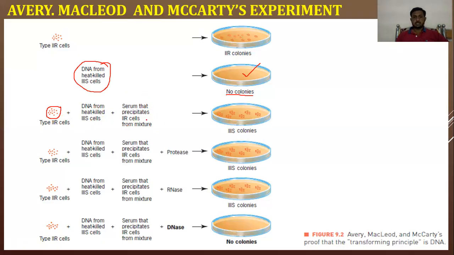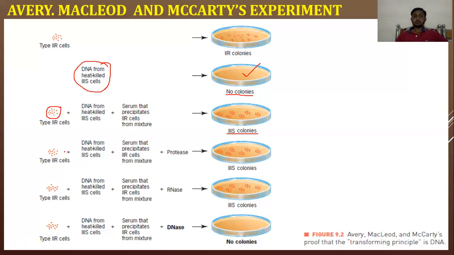They precipitated the mixture with the serum that precipitates R type cells and again inoculated that mixture on the nutrient media, and they found S type colonies again. S type colonies are virulent strains. That means when you take only heat-killed DNA in the second stage, you don't observe S type colonies and there is no growth. But when you take R type cells plus heat-killed S type cells with the R type mixture, you find S type colonies.